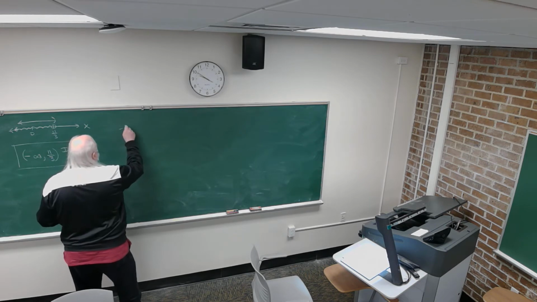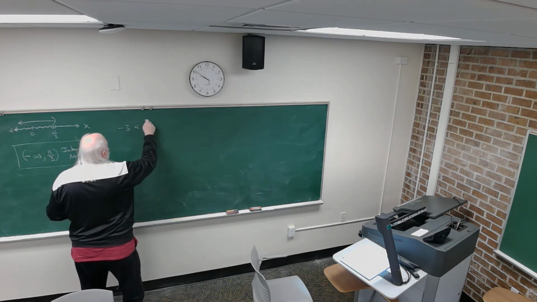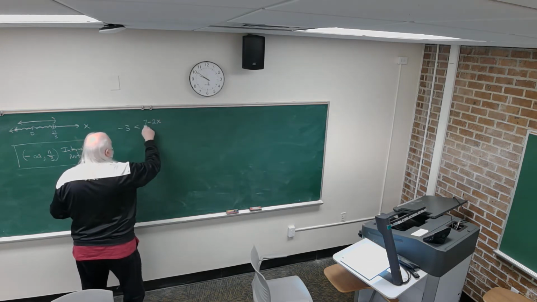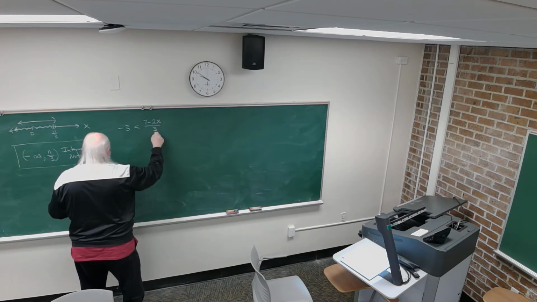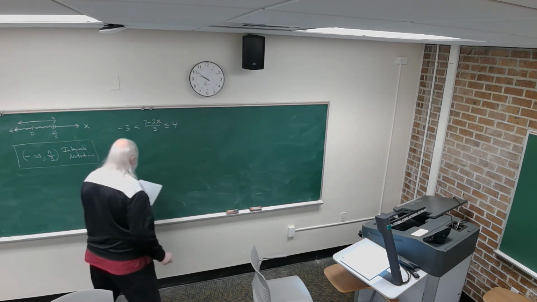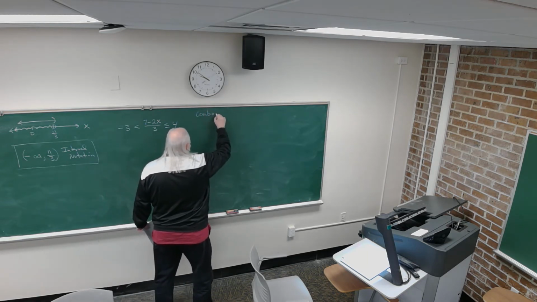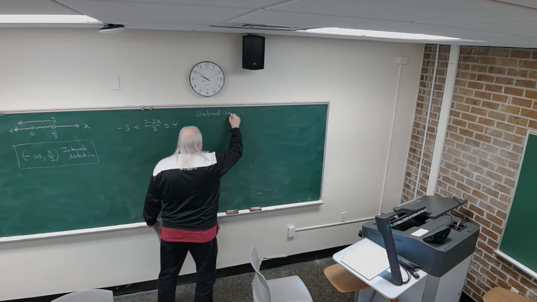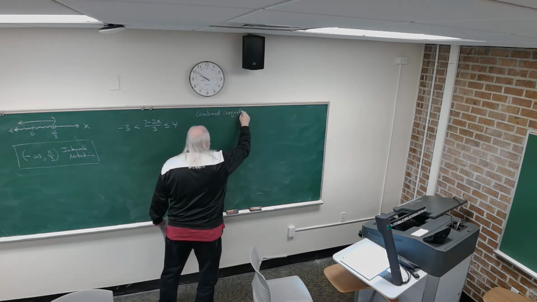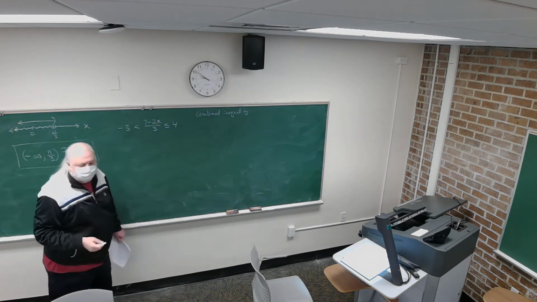So we have -3 is strictly less than (7 minus 2x) over 3, which is less than or equal to 4. Okay. So this is a combined inequality, and it's actually two inequalities in one.